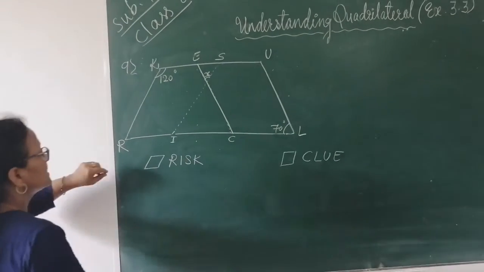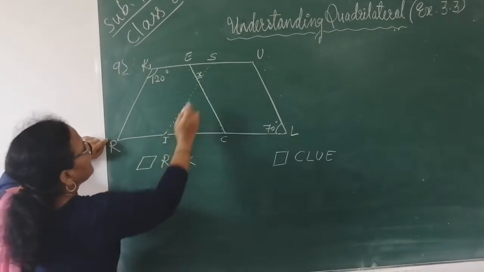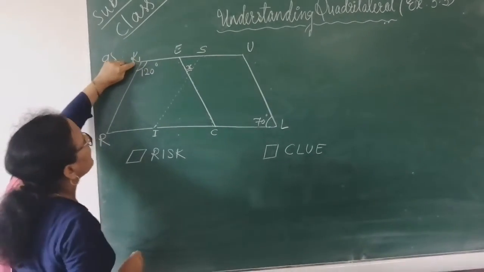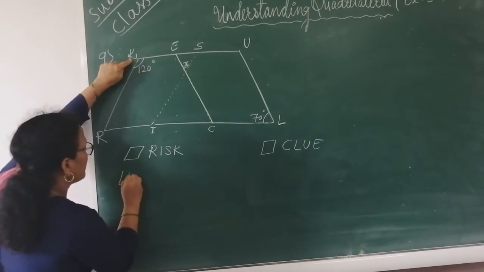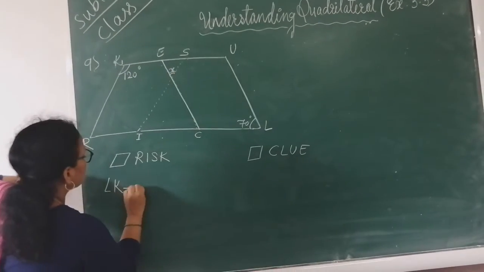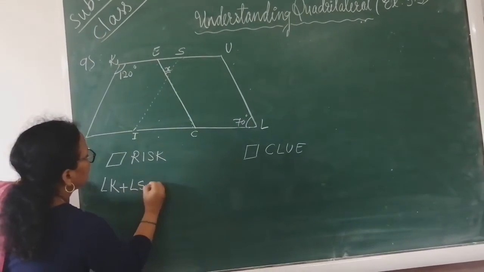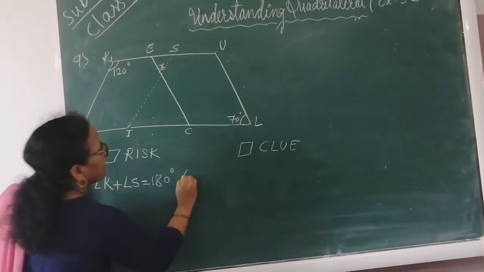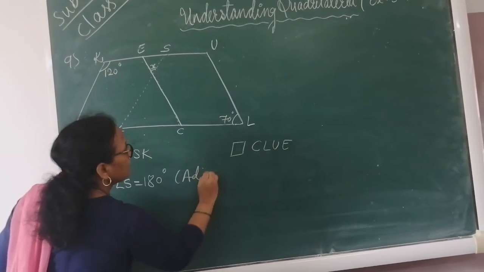Okay, now here see for RISK, this is 120, that is angle K. So angle K and here angle S. Okay, so angle K plus angle S is equal to 180. Why? Because they are adjacent angles.